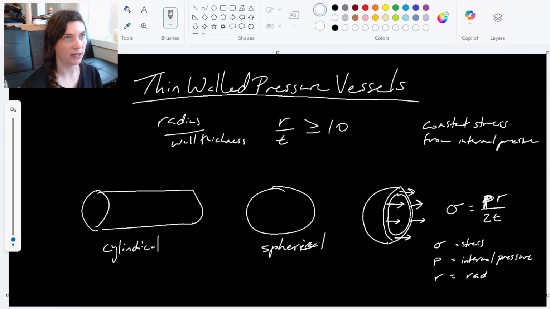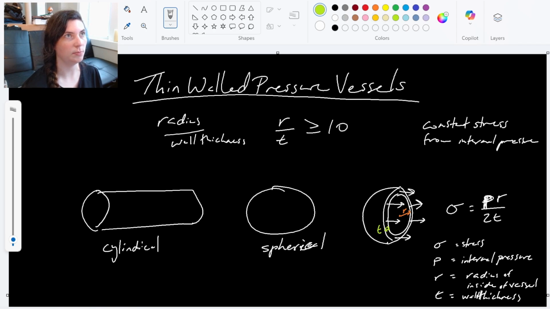R is the radius of the inside of the sphere, the inside of the vessel there. And T is the wall thickness. So here, going from the center, this is the radius. This right here would be T, my wall thickness.